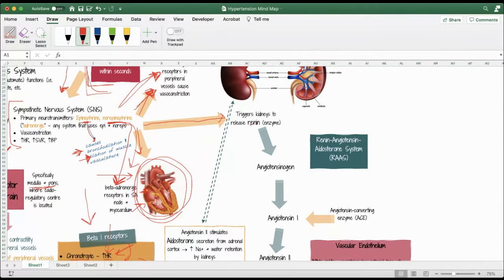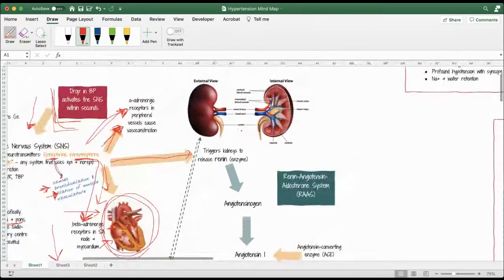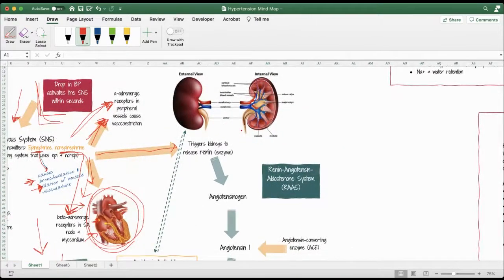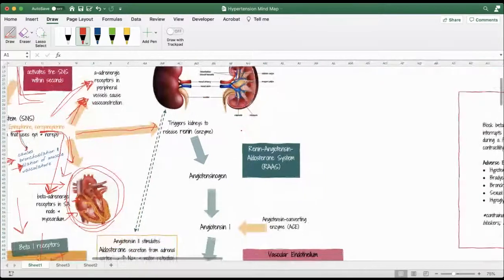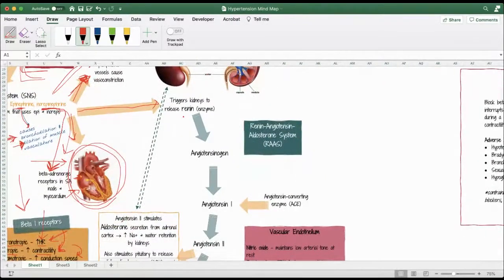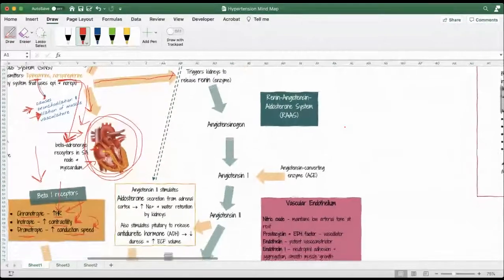It triggers the kidney to release renin. Renin is an enzyme that is created in the kidney, and it triggers this whole renin-angiotensin-aldosterone system. This is where I think people get stuck a little bit, but it's actually really easy.